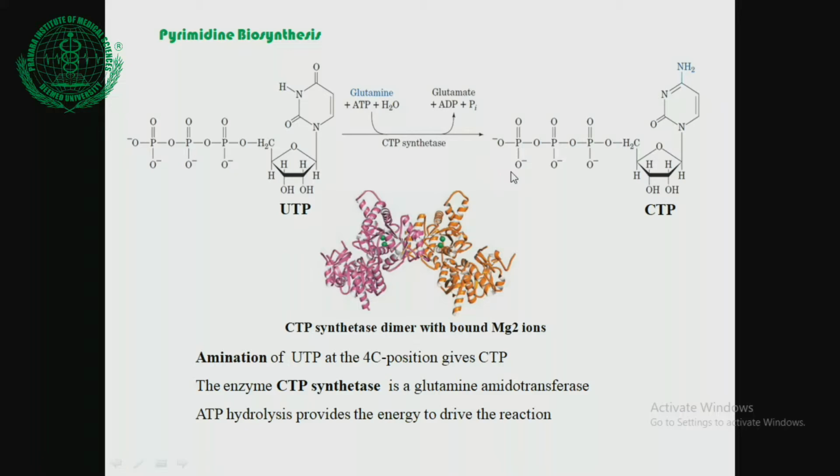Uridine triphosphate is then converted to cytidine triphosphate through an amination process where glutamine transfers an amide group to uridine triphosphate, and that is turned into cytidine triphosphate. The step is mediated by CTP synthetase, and this is an X-ray structure of magnesium ion bound CTP synthetase.